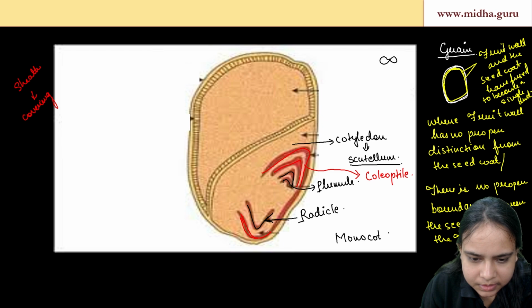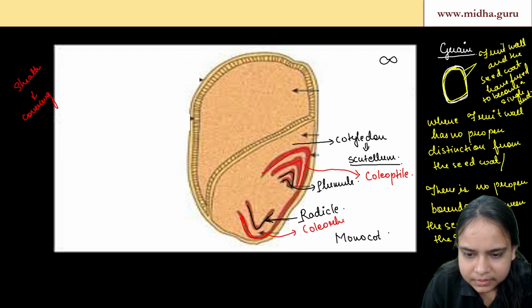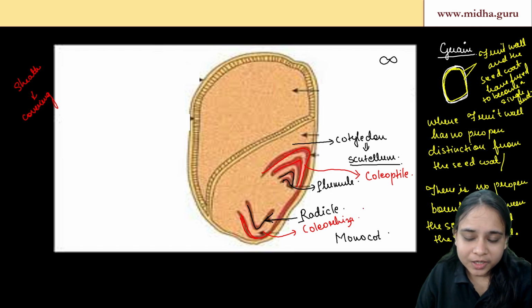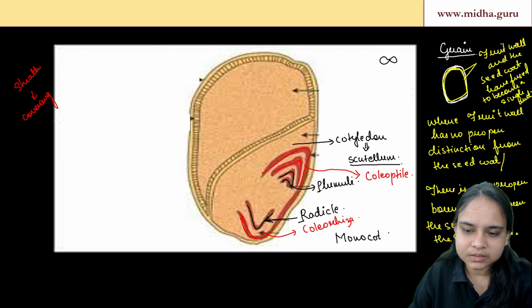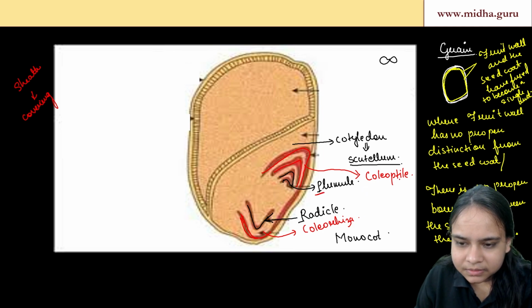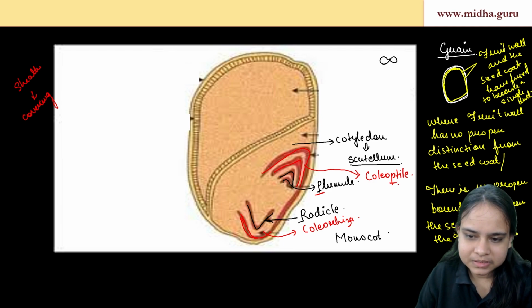This is coleorhiza. Most of the time students get confused with the terms. How can we relate or memorize these terms? There's a simple rule. Plumule starts with P and coleoptile starts with P, though the P is silent here.